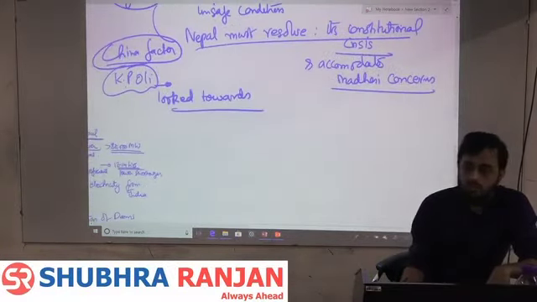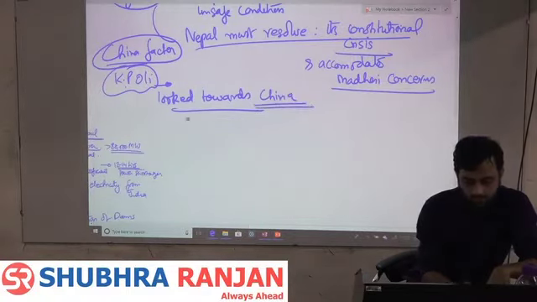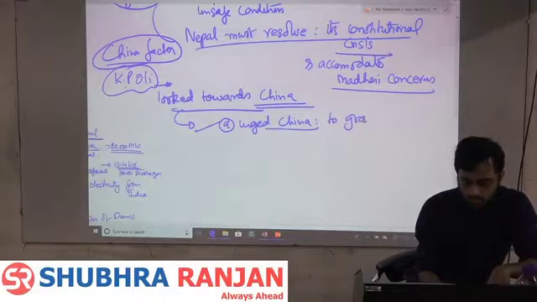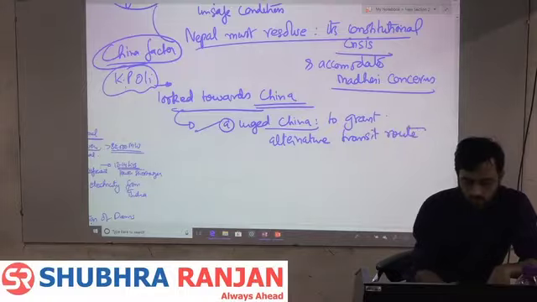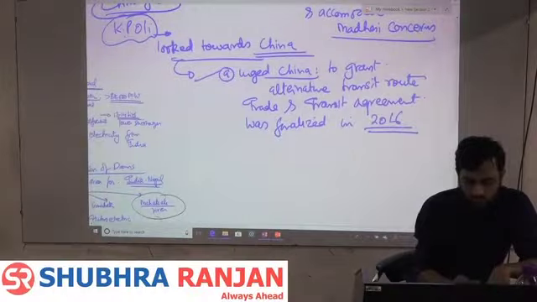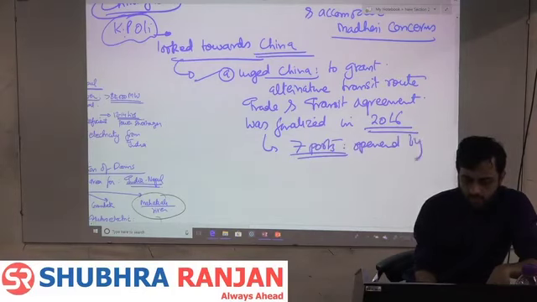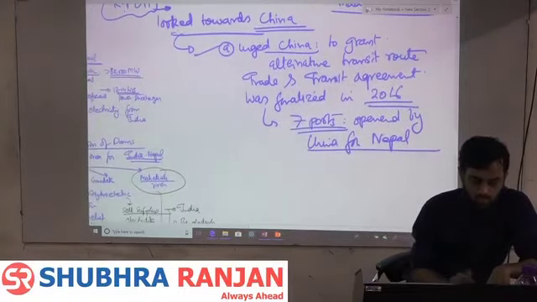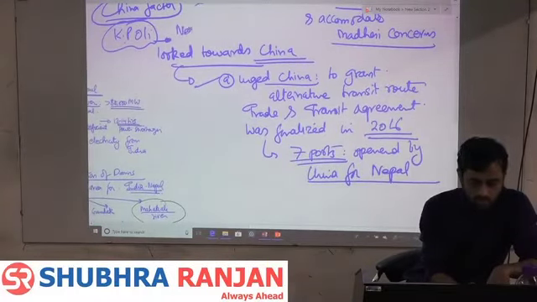KP Oli looked towards China, and urged China to grant an alternative transit route, and a trade and transit agreement was finalized in 2016, where 7 ports would be opened by China for Nepal as an alternative trade route. KP Oli said that Nepal is India locked.